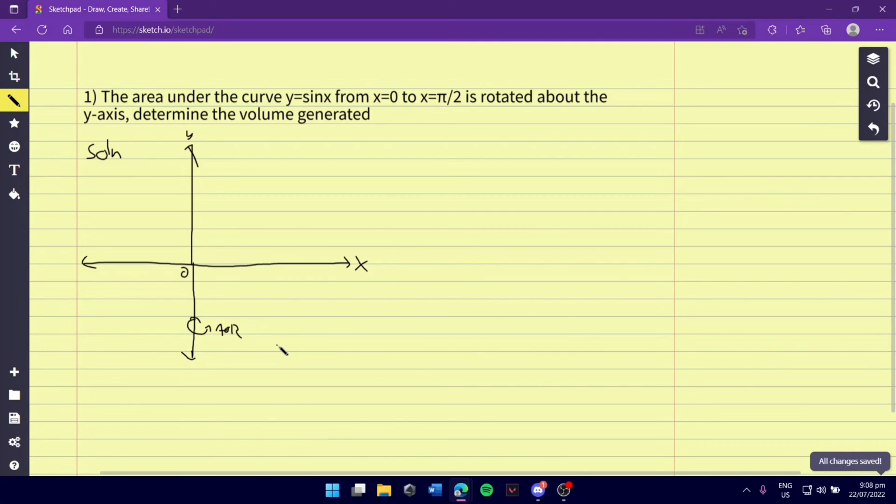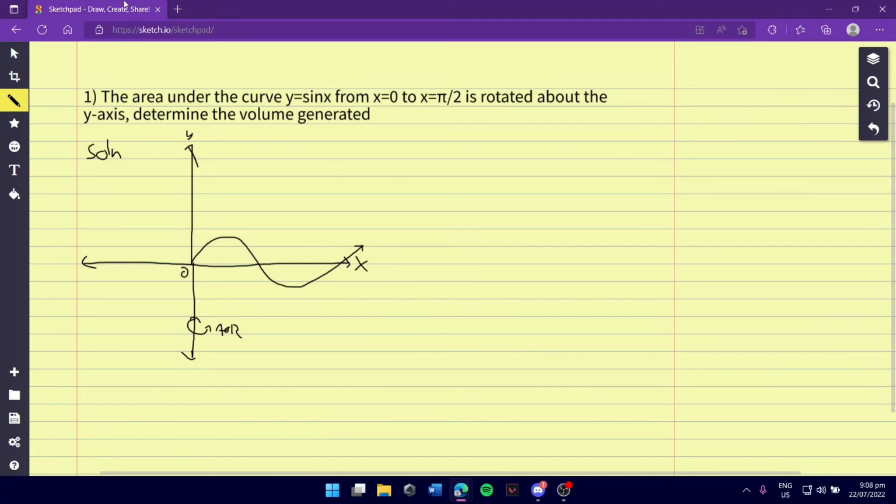Since it is from 0 to pi over 2, assuming our graph here will look like that, since y equals sine x.